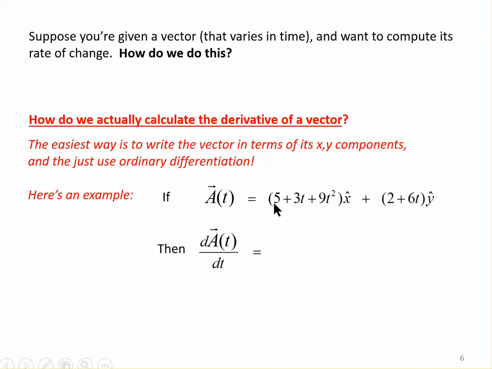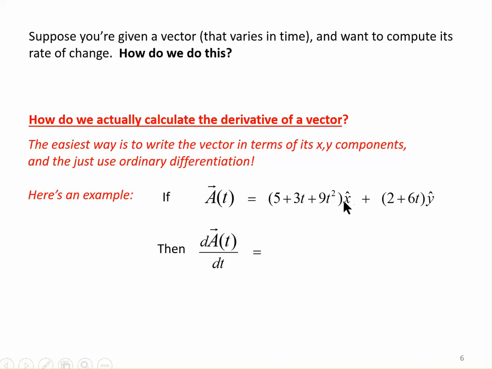So notice that the vector depends on time. So the x component of the vector is changing in time. It depends on time. And likewise, the y component of the vector changes in time. So here's a vector. And if I say, let's take the derivative of this vector, in other words, let's find the rate of change of this vector, how do we do that? Very simple.